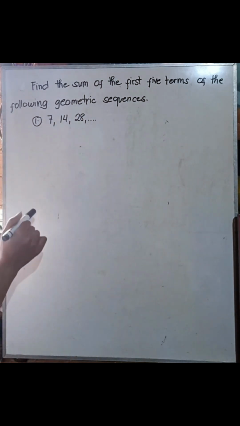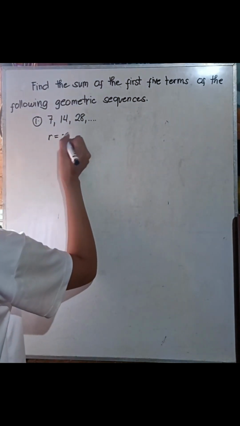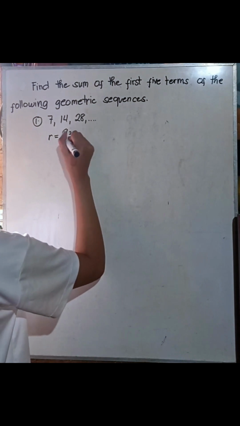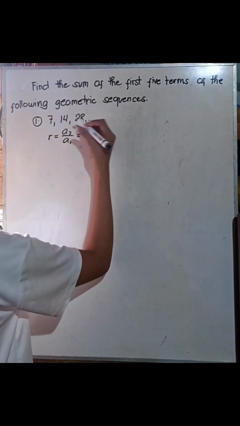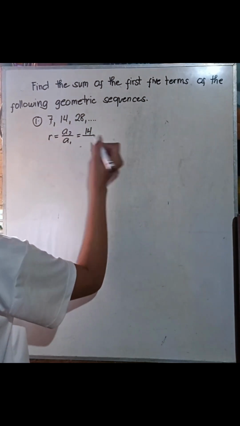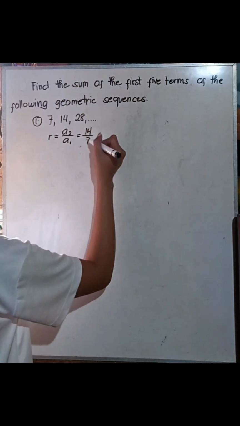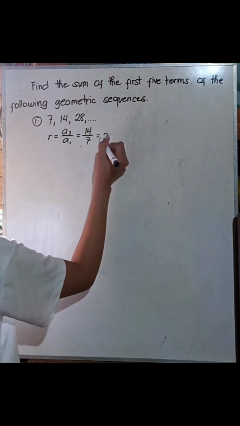For this item, the common ratio r is equal to a sub 2 over a sub 1. So, a sub 2 nato is 14 for the second term, then the first term is 7. So, 14 divided by 7 is equal to 2. Therefore, our common ratio is equal to 2.